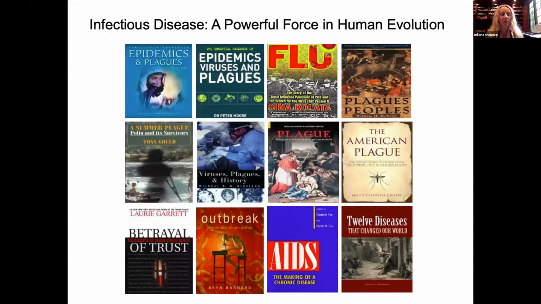Again, to put everything in context, infectious disease has been a powerful force in human evolution. In fact, as much as we talk about wars and violence, roughly 20 times more people historically died from infectious organisms than from all causes of violence or war, believe it or not. So this thing is powerful.